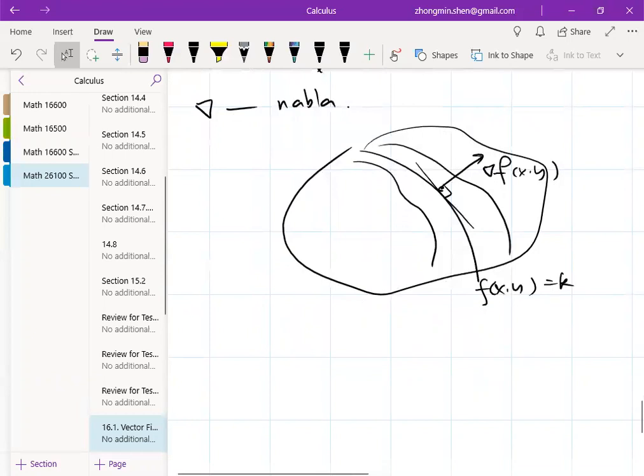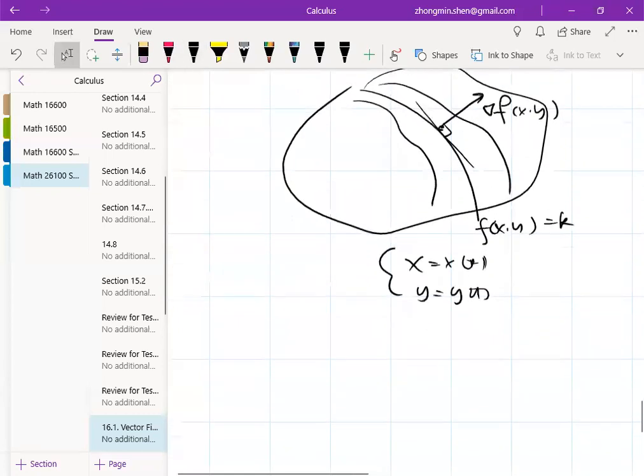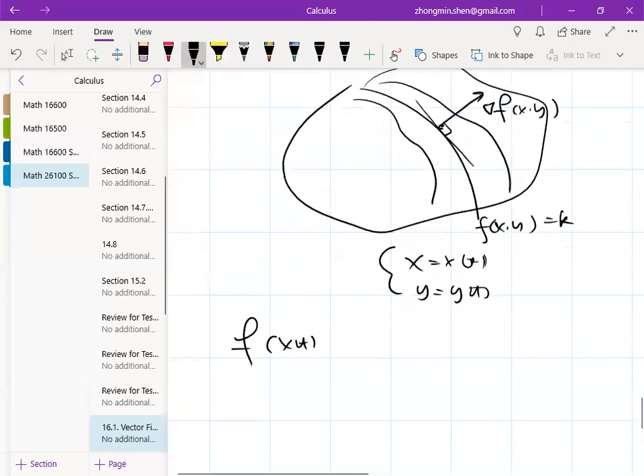So why is it perpendicular? The proof is very simple. We parameterize the level curve by x(t), y(t), right? This is a parameterization of the level curve. So that means f(x(t), y(t)) is always constant, okay?